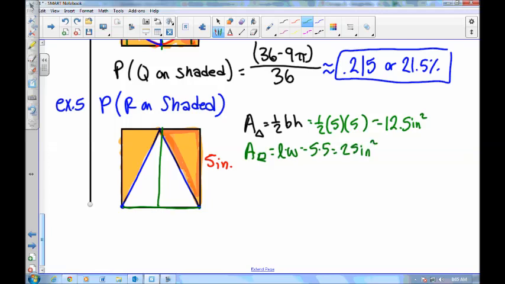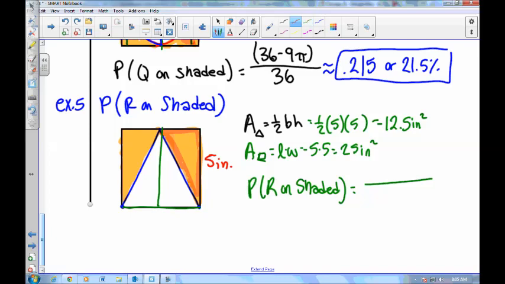Okay, so to find the probability of R being on the shaded region, we need to do the area of the shaded divided by the total. Yes? Maybe. Okay, but what's the area of the shaded region, knowing that the area of the unshaded triangle is 12.5? And the total is 25.